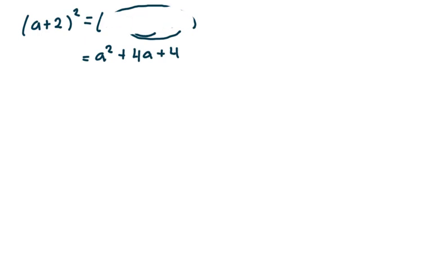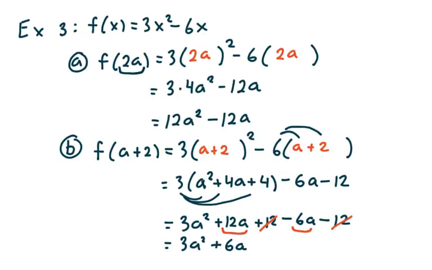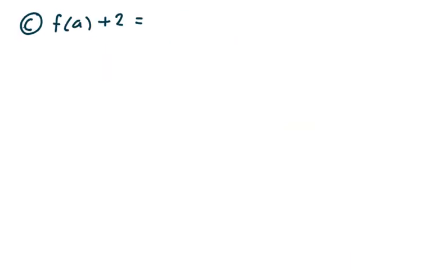Now, let's erase this part, and we're going to go to C. Now, on C, I want to know what f of a, plus 2 is. Now, let's go back. f of x is 3x squared minus 6x. I'm going to replace x with a.